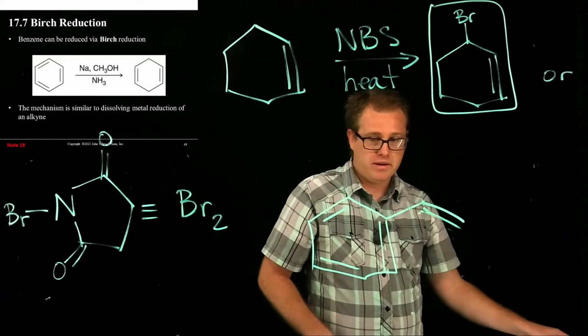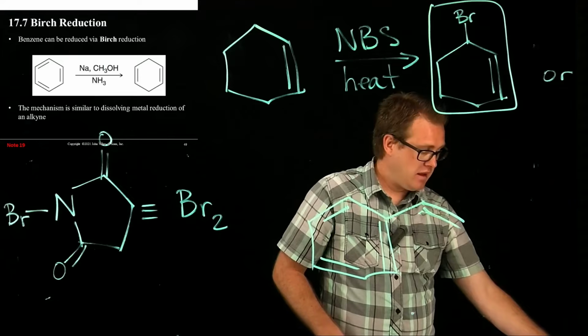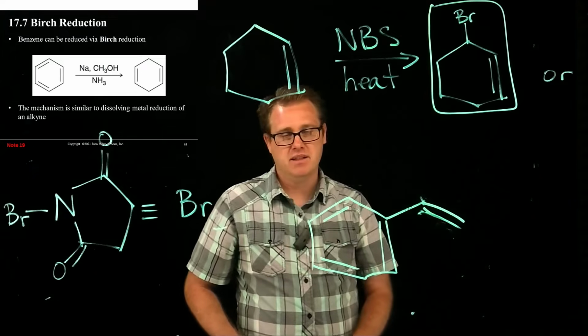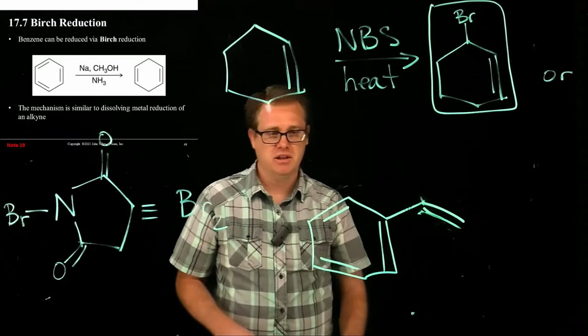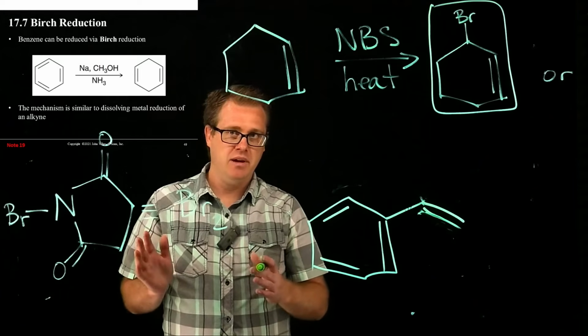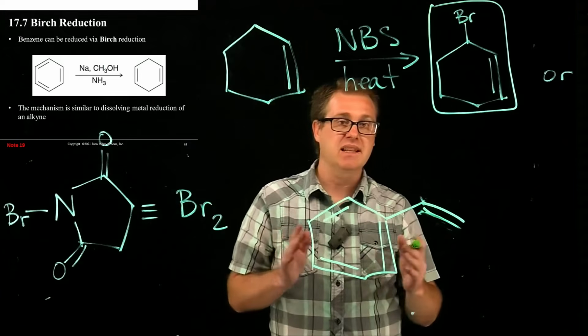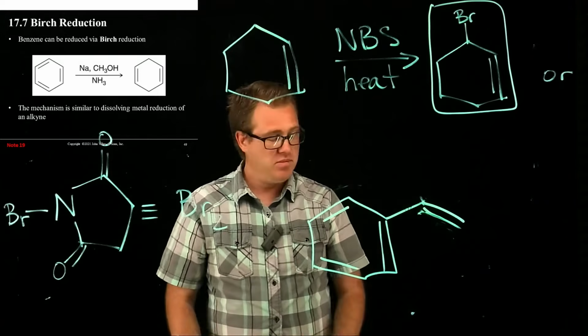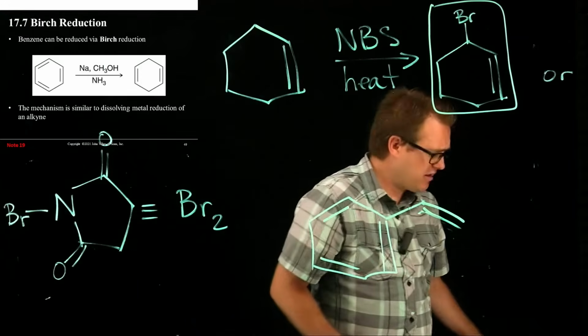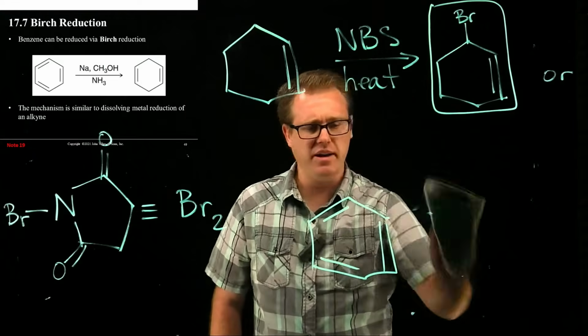Very, very important reaction that's very famous. It's called the Birch reduction. And a Birch reduction takes a benzene ring and reduces it slightly. Let's just draw it here.